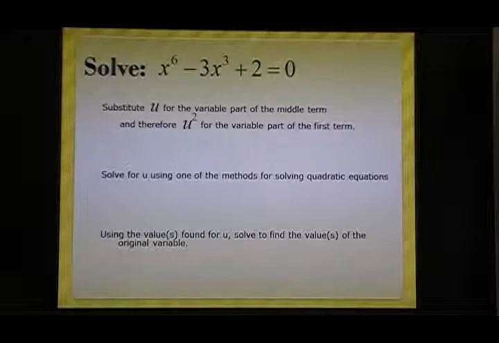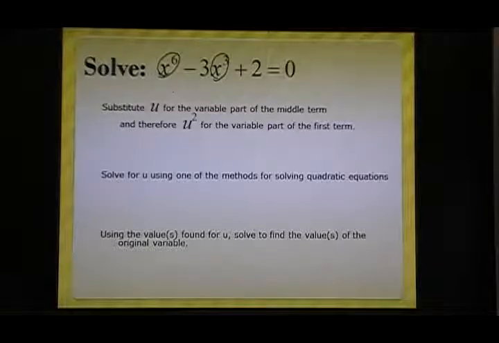Here we want to solve the equation x to the 6th minus 3x to the 3rd plus 2 equals 0. This is not a linear equation, since we don't have just x to the 1st power. It's not a quadratic equation, but if I square my x to the 3rd, I get x to the 6th.